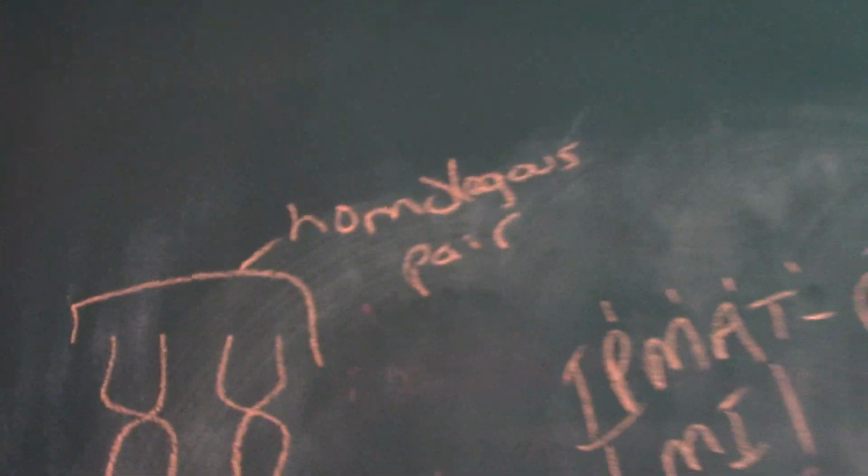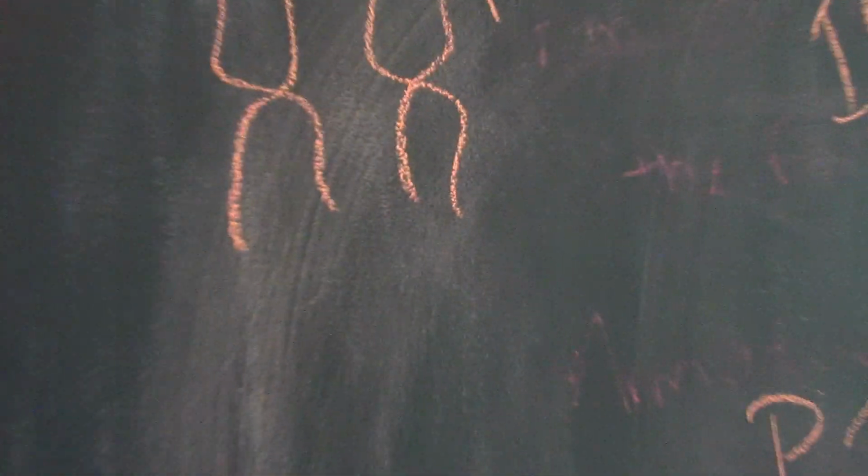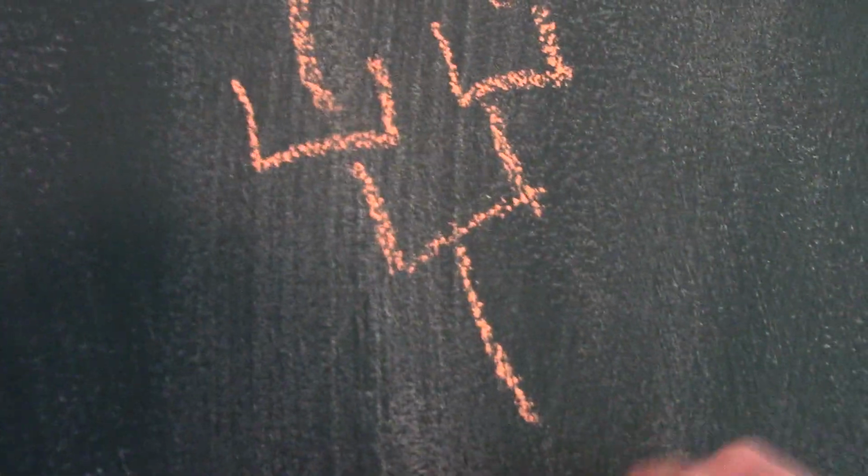If I look at meiosis, again, this is a homologous pair. The homologous pairs each have their duplicates, and those are called sister chromatids, right?